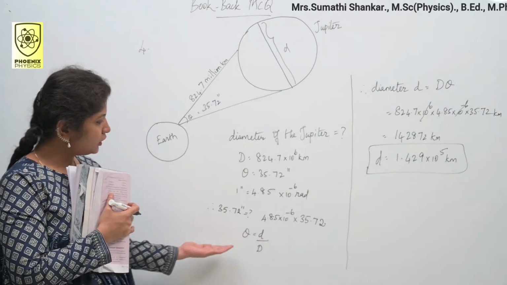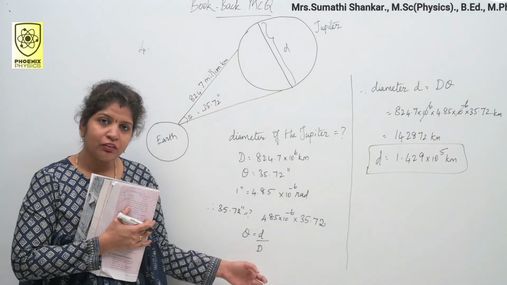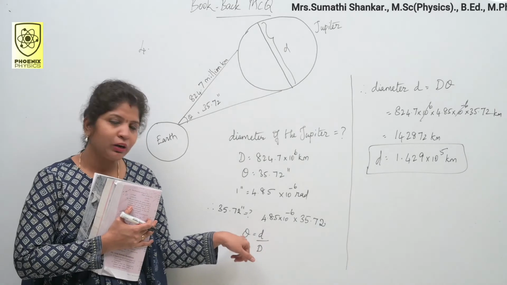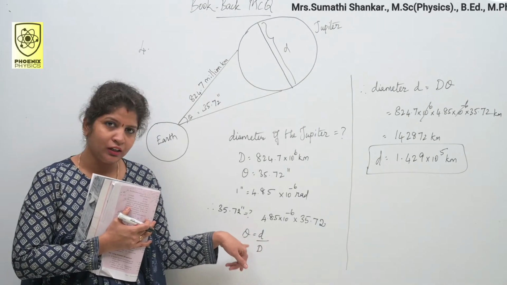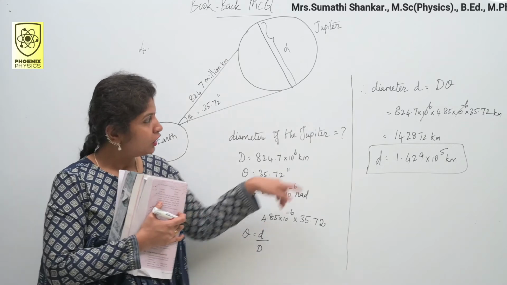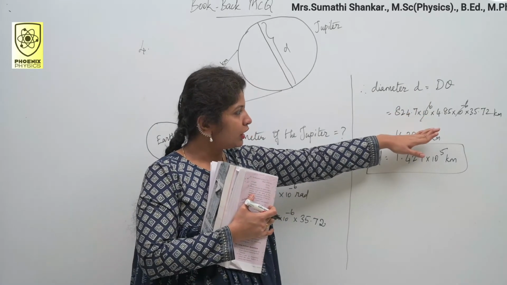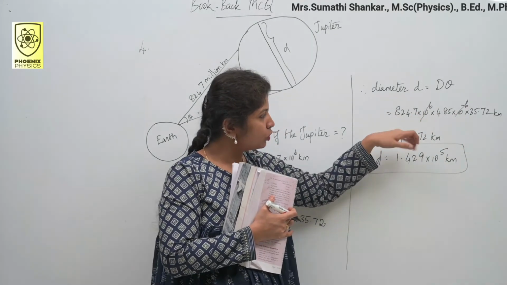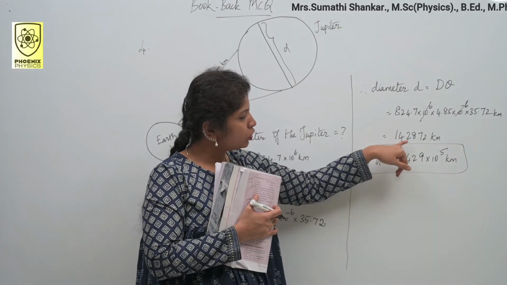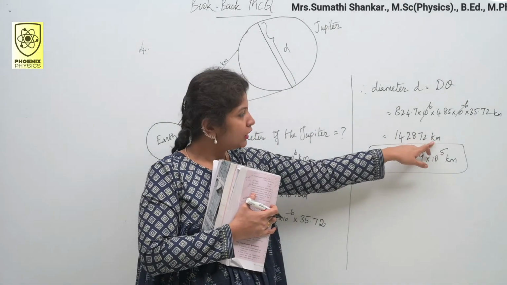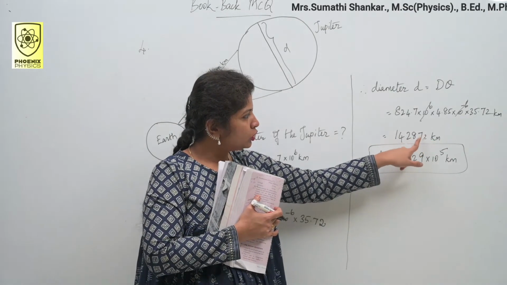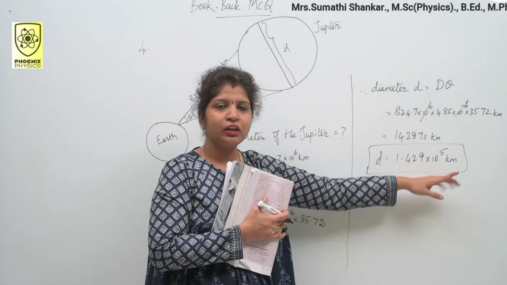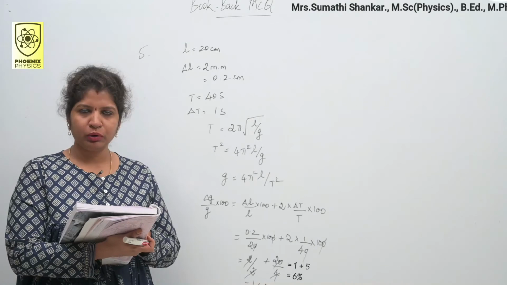You know the formula, theta is equal to d by D. Here we are going to find out the diameter of the Jupiter, that is small d. Just multiply capital D and theta. D is the distance, theta is the angle. So d equals D theta, substitute the value. Here I have plus 6 and here I have minus 6, cancel these two. So the remaining answer is 142,872 kilometer. You can write it as 1.42872 into 10 to the power of 5 kilometer. This is your answer.